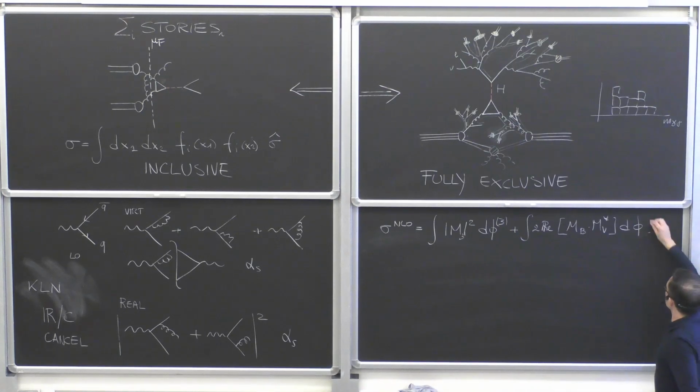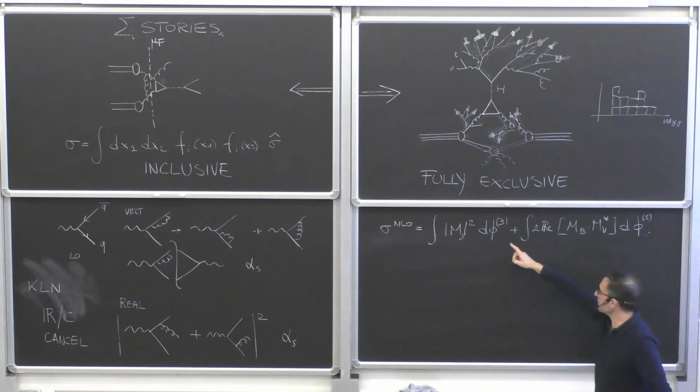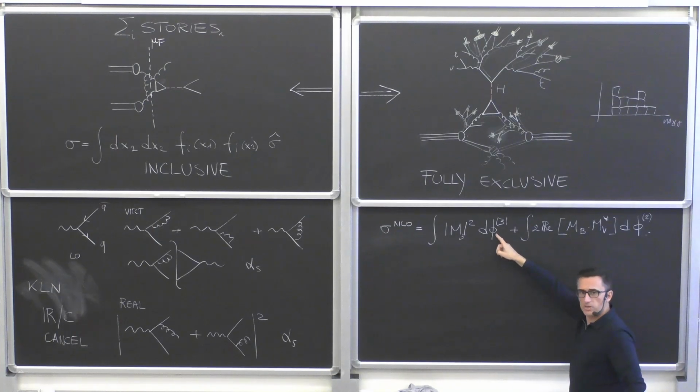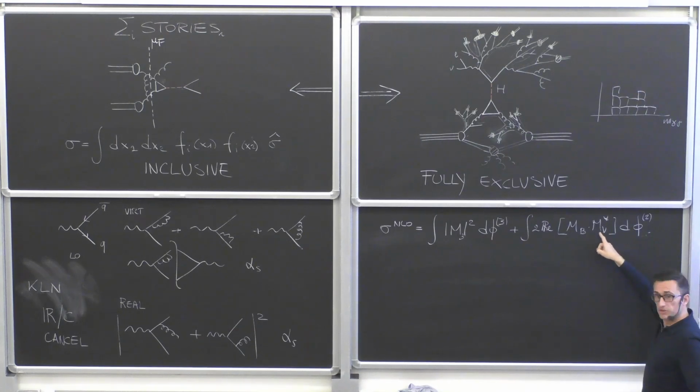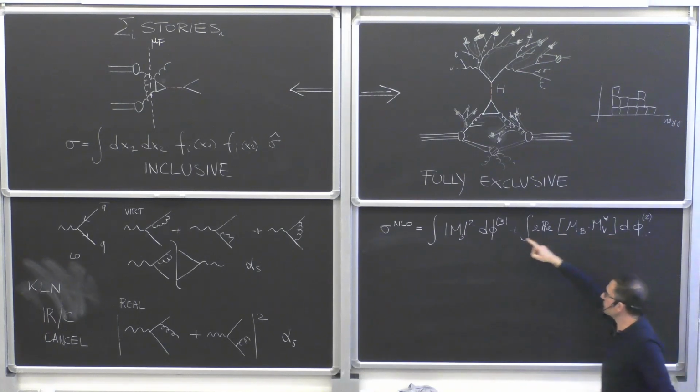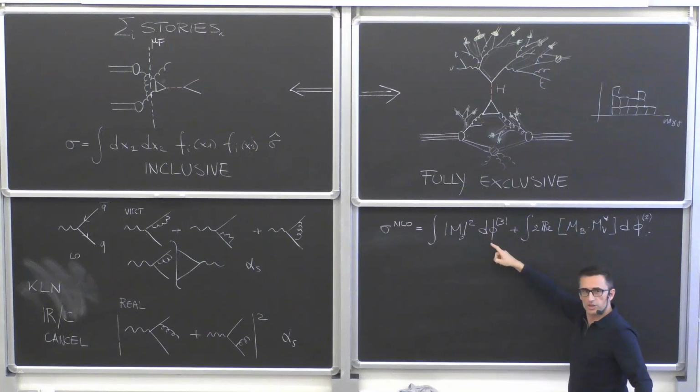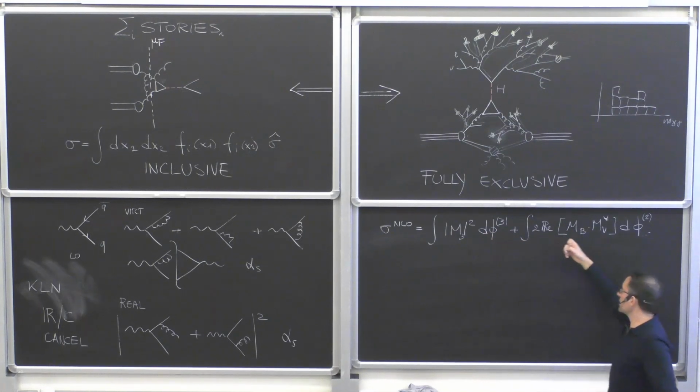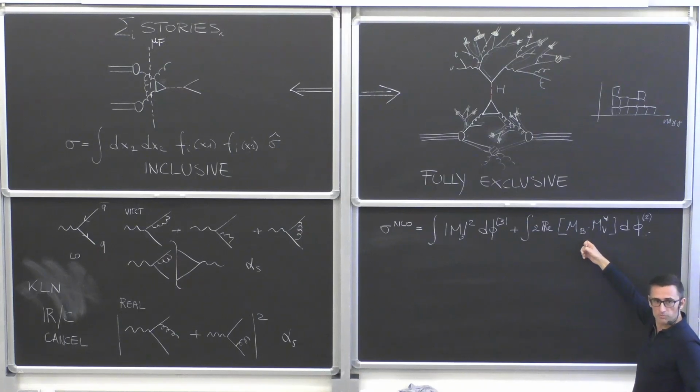So that's the complication. The divergences here arise when I integrate over phase space. Here the divergences are inside the virtual. So the two phase spaces don't match, and therefore I first have to do the integration over the phase space here to see the divergences, which I can then cancel with the divergences from the loop.